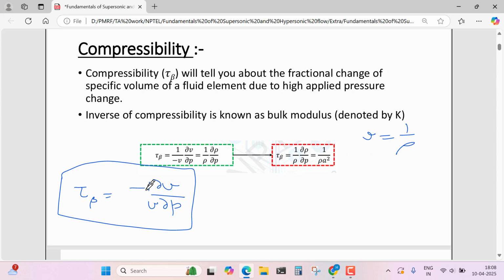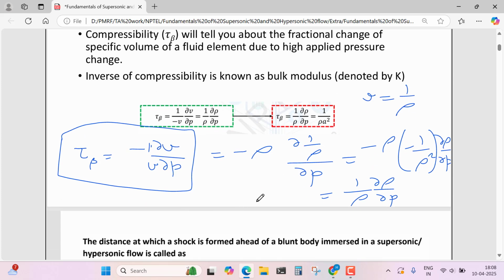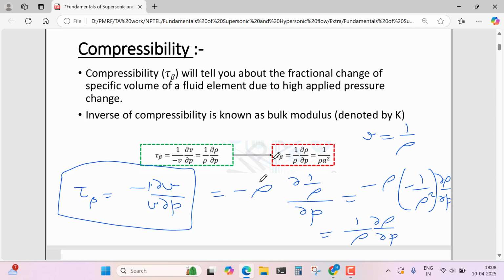So if we substitute for V here, then we will get minus rho dou 1 by rho upon dou P, and if we take its derivative, it will be minus rho into minus 1 upon rho square dou rho by dou P, which will be nothing but 1 by rho dou rho by dou P. This is another form.